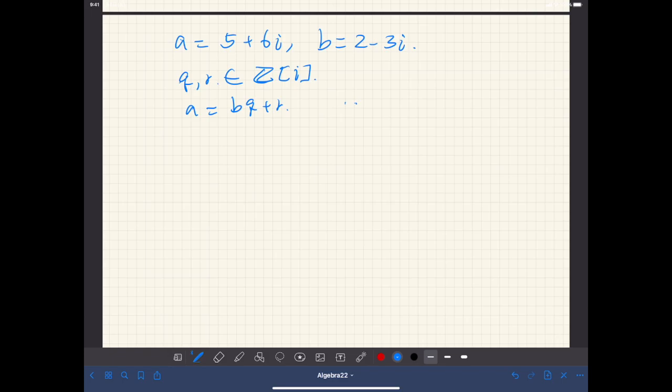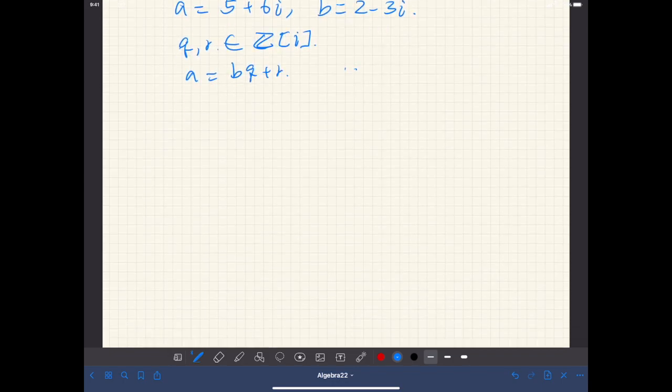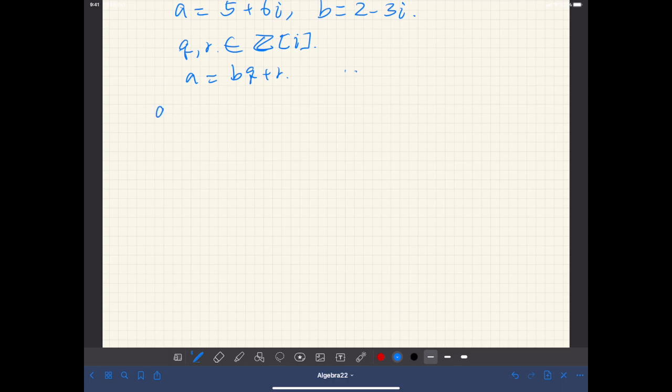Following the procedure we described in the proof of the previous theorem, let's calculate A over B first. That is 5 plus 6i over 2 minus 3i. By multiplying the complex conjugate of the denominator to both numerator and denominator, we have 5 plus 6i times 2 plus 3i.